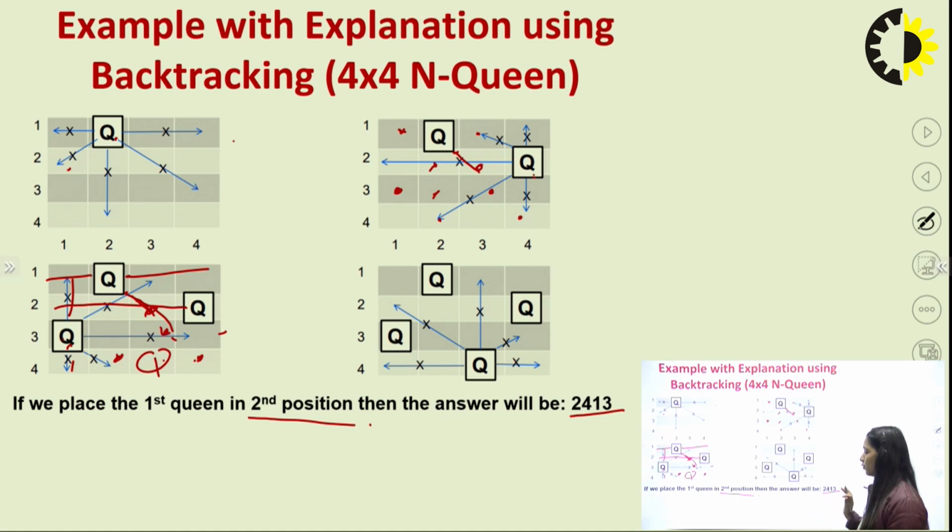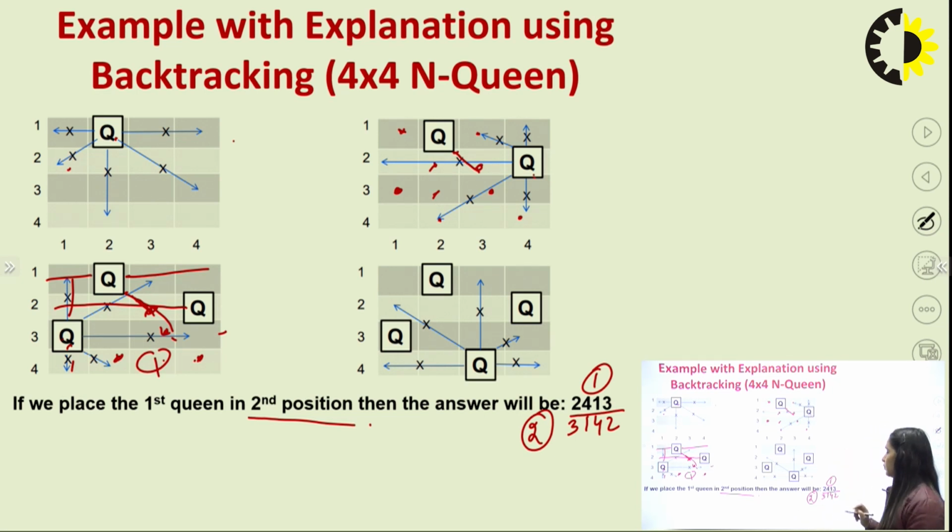So this is my one solution in which I placed all the queens which are not attacking each other row wise, column wise and diagonally. So okay, this is my first solution. The next solution is 3 1 4 2, just the reverse of this. Okay, this is my first solution and this one is my second solution. You can get two solutions in 4x4.